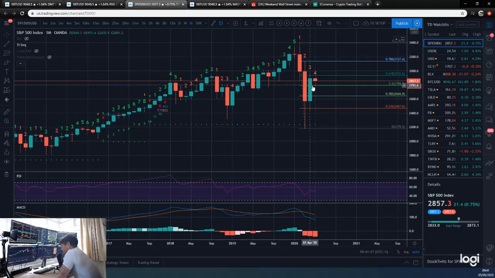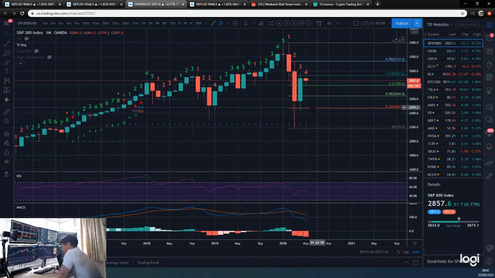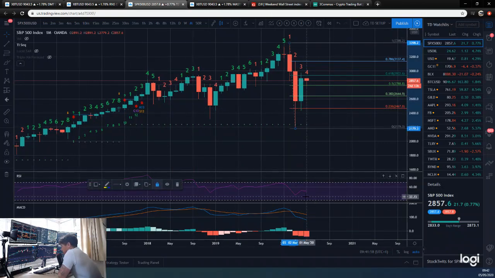We've still got a red 4 after red 3, but we're not trading below it at the moment, so we'll have to see what happens there. Monthly RSI is around the mid zone, and monthly MACD is very negative. The divergence between the two lines and the histogram is pretty bearish.